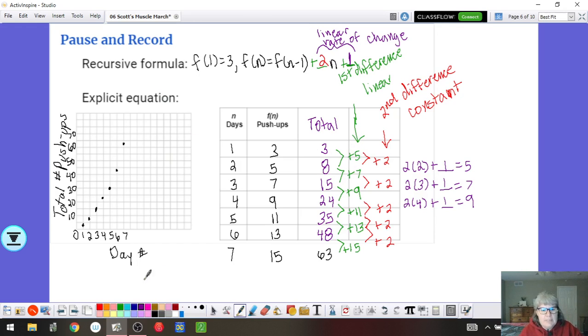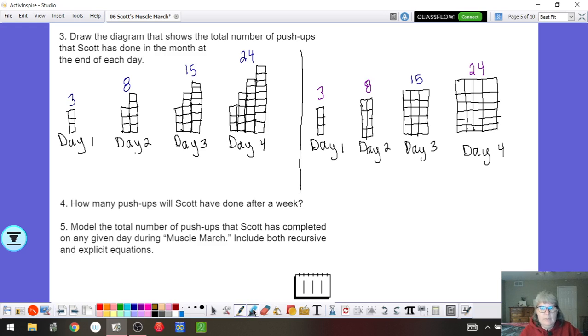With the explicit equation, as we've done in lessons 1 and 2, we've thought about this in terms of area. So I'm going to go back to our diagrams. I could just count the squares and I'd have my area in the first 4 that we did. But if I look at the second 4, I have rectangles.